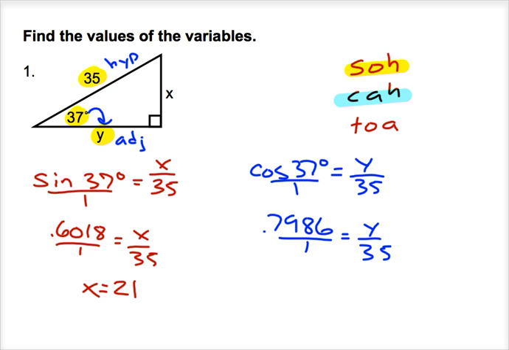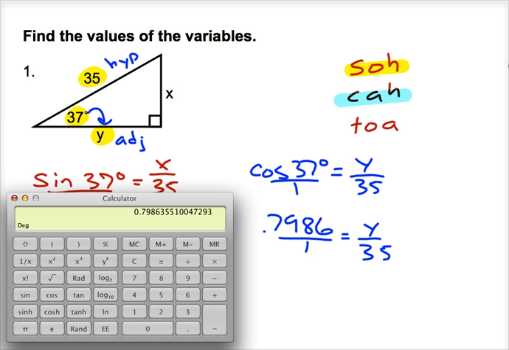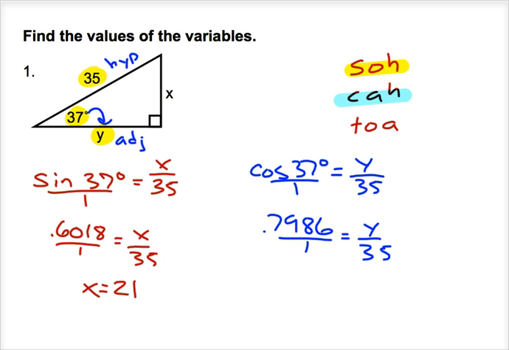Now I just need to go back and cross multiply, and it's going to round off to 28.